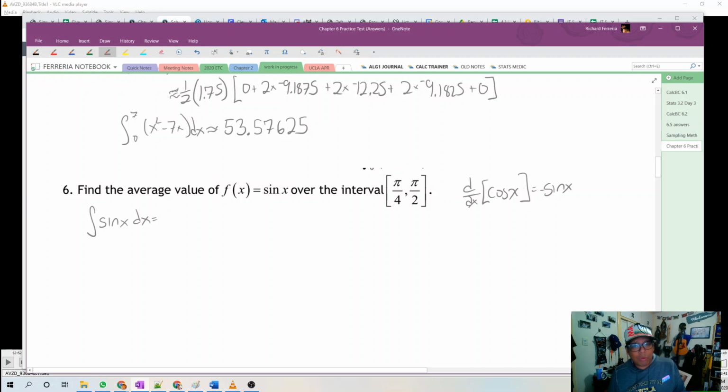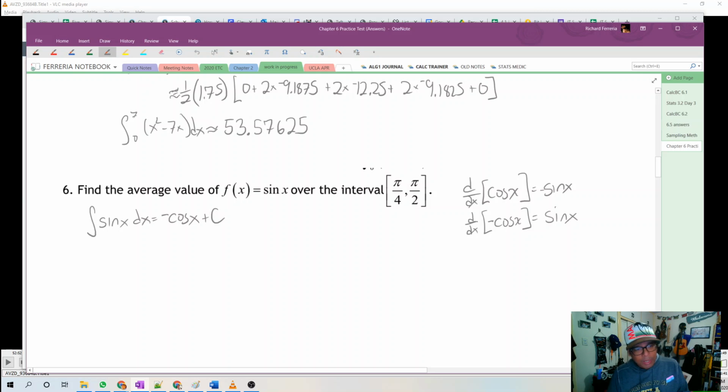We want the integral of positive sine x. So in order to find the antiderivative of positive sine x, we'll just multiply everything by -1, and we'll get this, sine x. So if the derivative of negative cosine is sine, that means the antiderivative of sine is negative cosine x plus a constant.